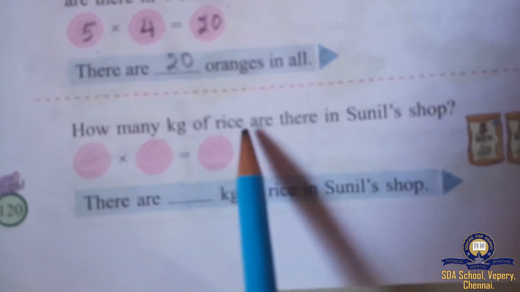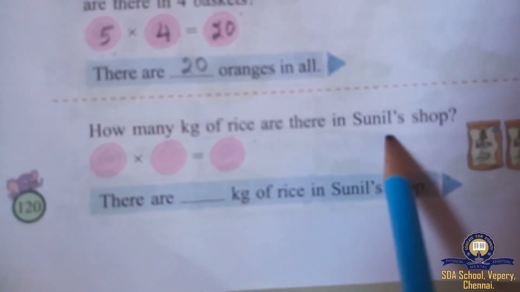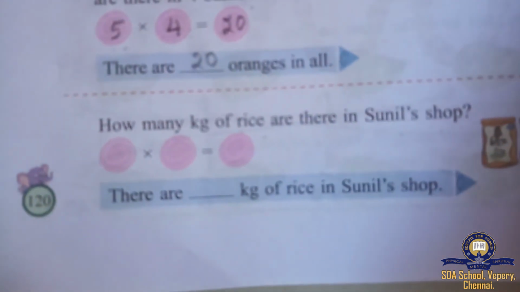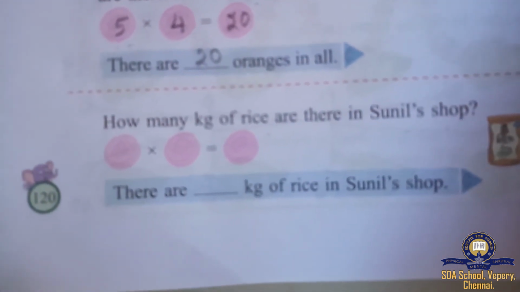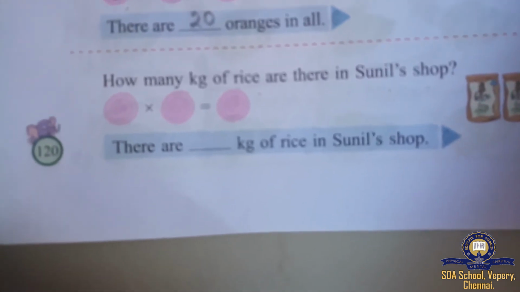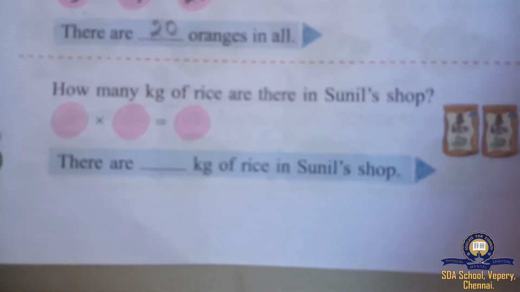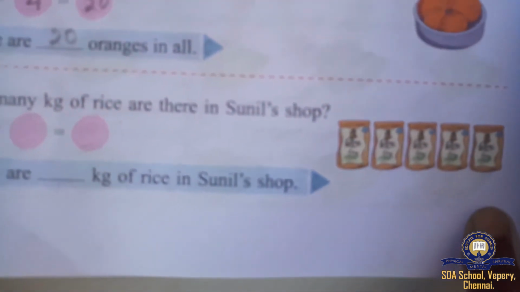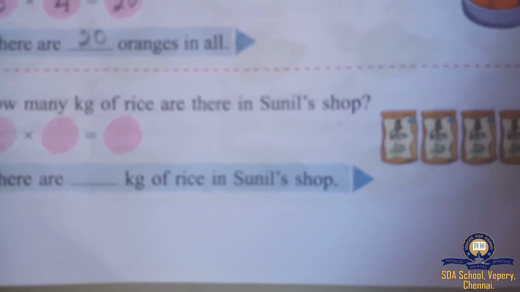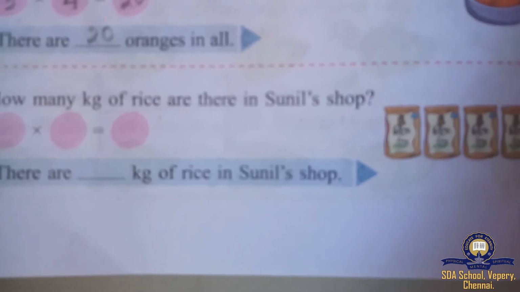How many kg of rice are there in Sunil's shop? Now here they have given the bags. We'll have to find out how many kg each bag carries. Now watch closely.